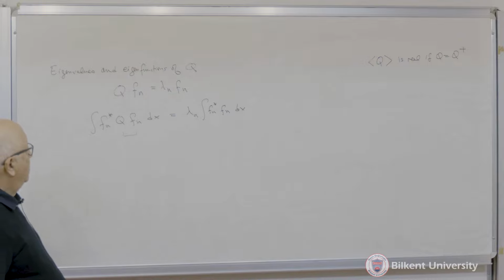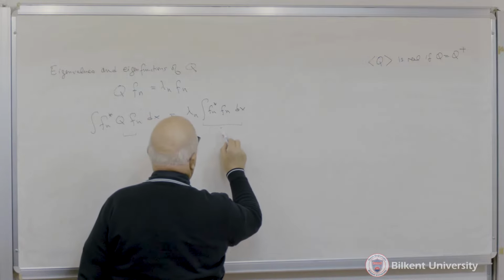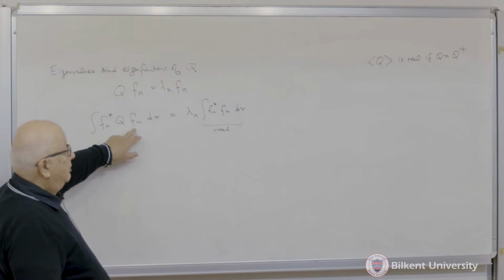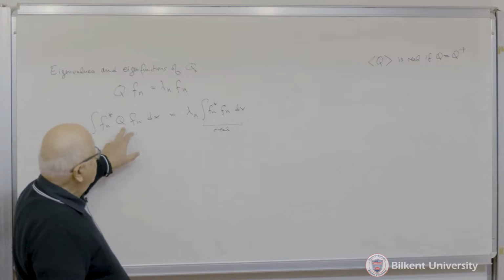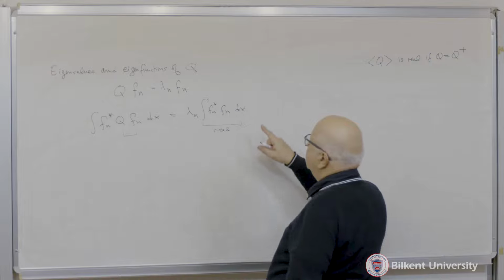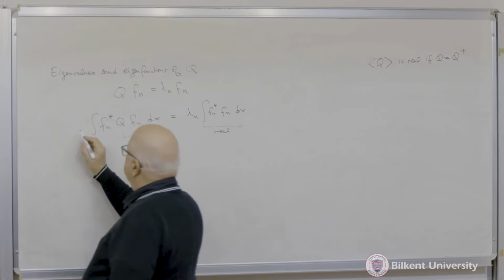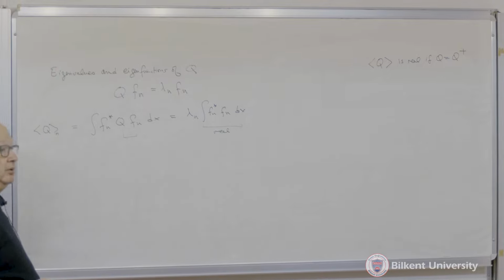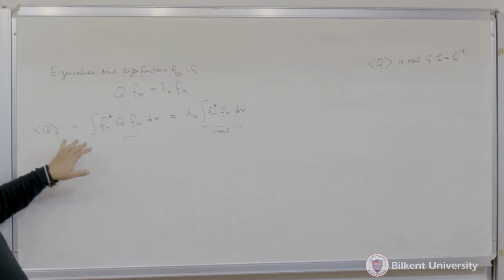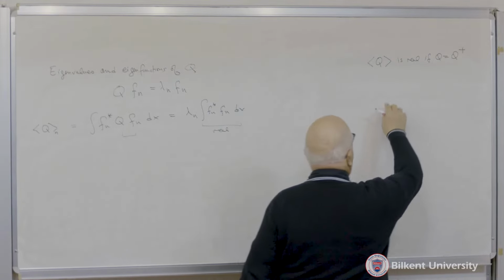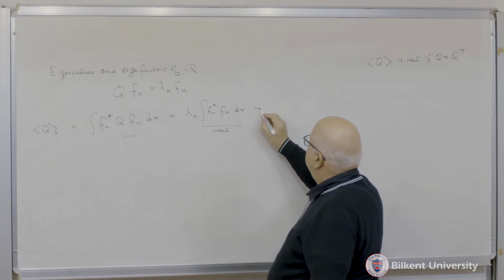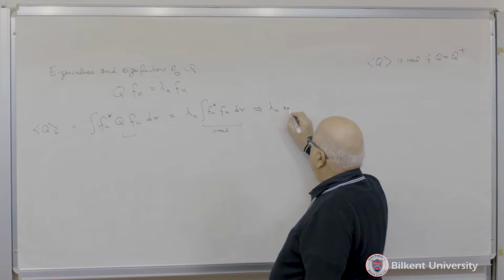Now this part is real, and if Q is Hermitian, I know that this whole thing has to be real, because this is the expectation value of Q with respect to the nth eigenstate. Since I know that all expectation values are real, this expectation value must be real, which implies that the lambda n are all real.